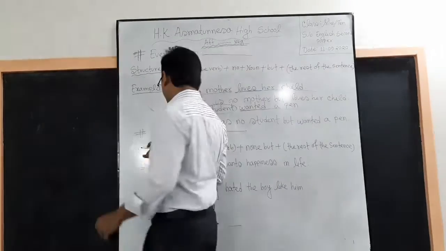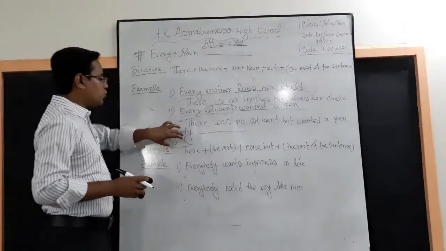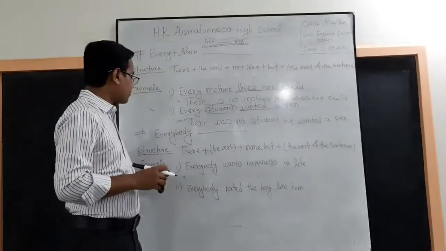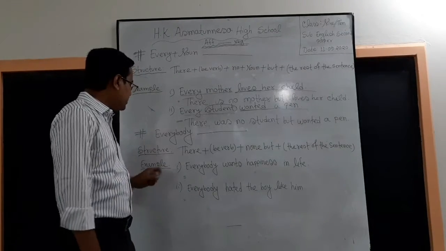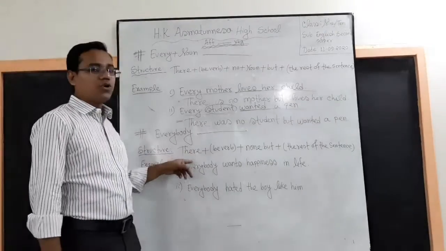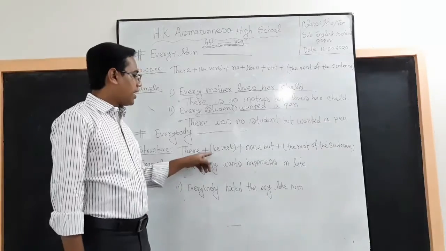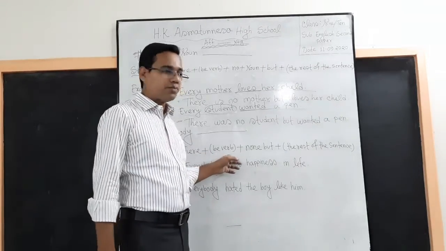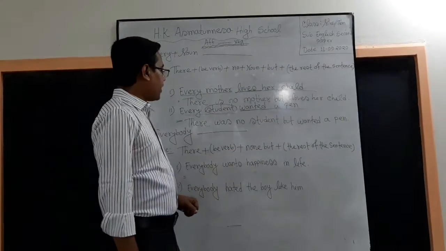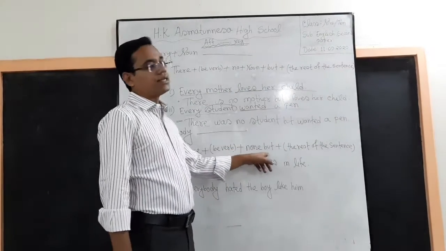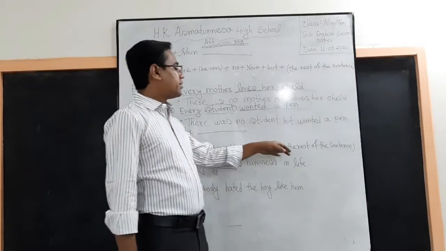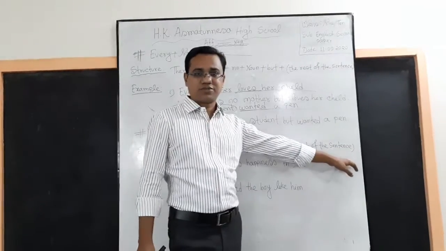Look very carefully. If the sentence starts with everybody, we have to follow this structure. First of all, we will write there, and then we will bring appropriate verb, and then we will write non-verb. Okay, and then we write the rest of the sentence.